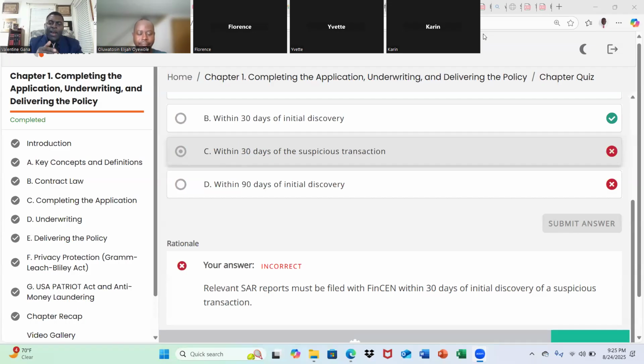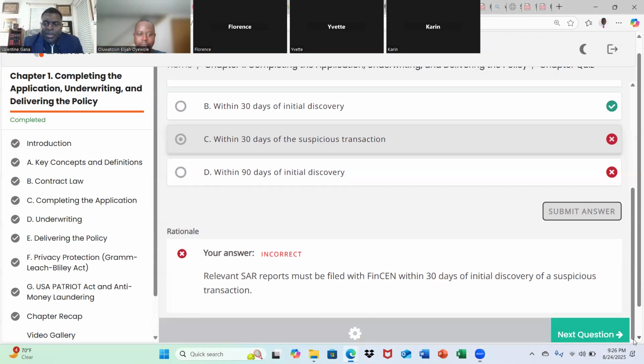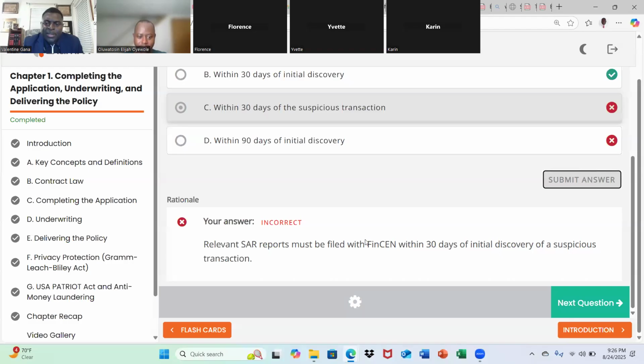Every financial institution must have a compliance officer. If that officer does the investigation and there's discovery, they have to file with FinCEN, which is with the U.S. Department of Treasury.